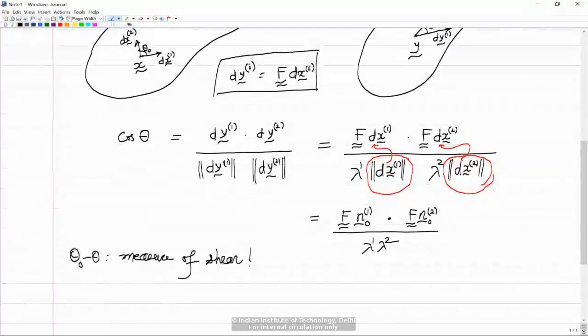So this was quite easy because we did the exercise yesterday. But you will see that it looks quite different than what we have learned in our undergraduate. Also, this big F right now is quite abstract. The undergraduate formula for shear is, for example, gamma 12 is del u1 by del x2 plus del u2 by del x1. Remember?